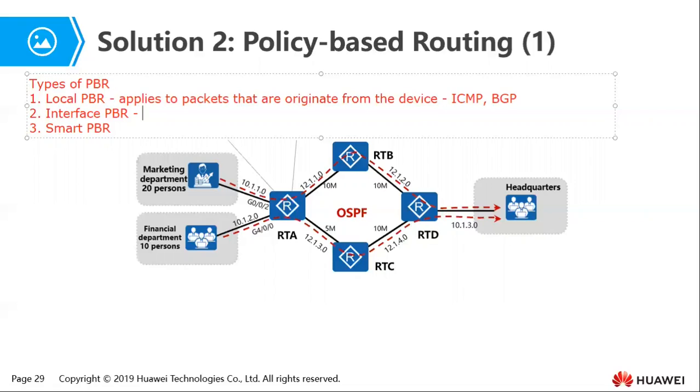Now, interface-based policy-based routing applies, let me call it transit, to transit packets. Packets that are passing through the router. So they have not originated from the router.